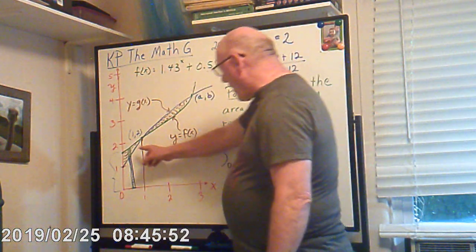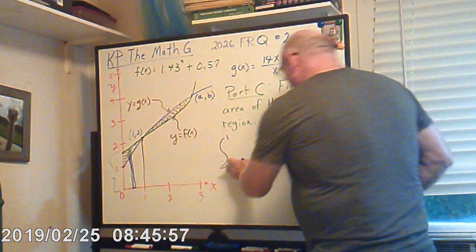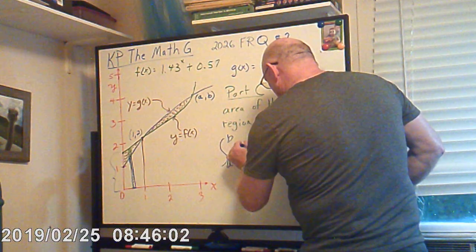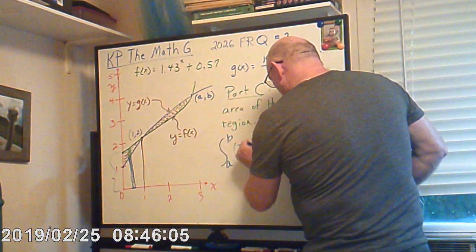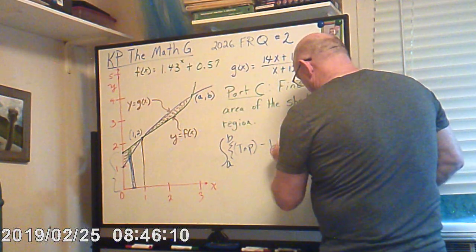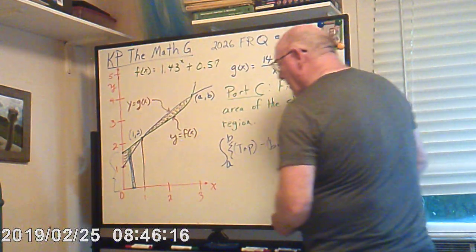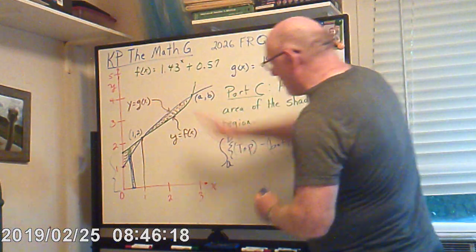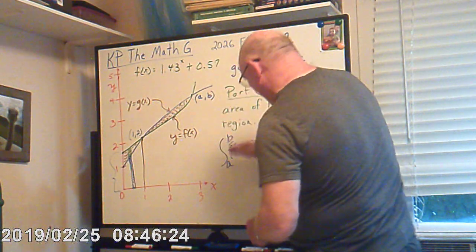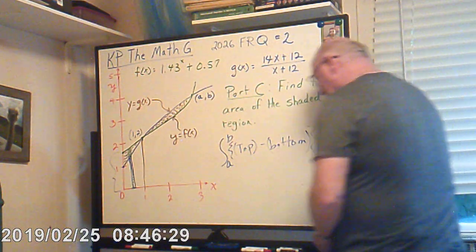I'm just going to give you a general thing from A to B. It is the top portion minus the bottom portion. And that's the way it always is, top minus bottom, no matter where the graph is. Even if it's below the x-axis, it's still top minus bottom, higher minus lower. It works the same way.